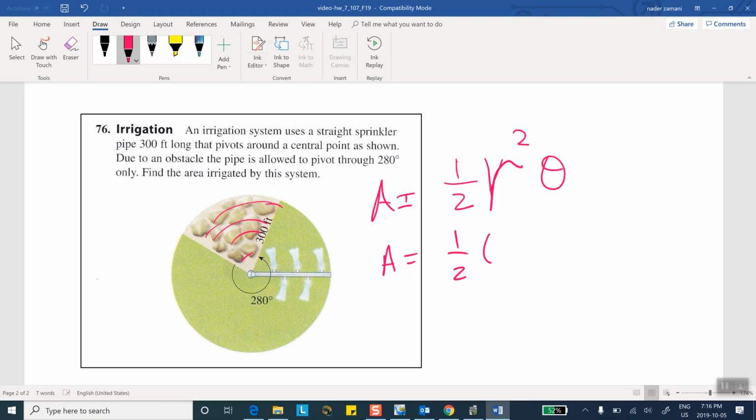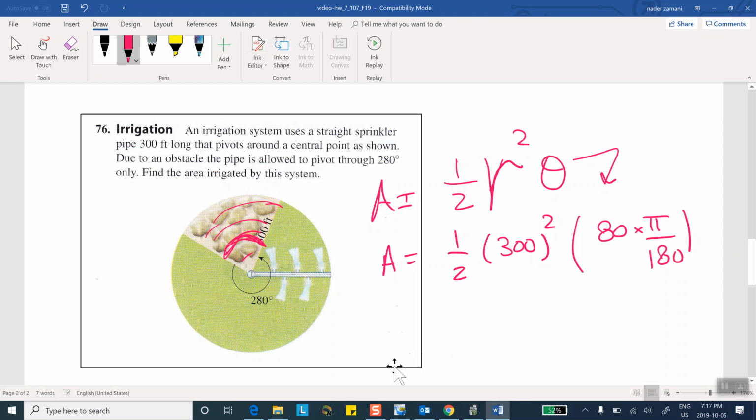Radius is 300 feet squared. The angle is actually 80 degrees, right? This angle is 80 degrees because they have to add up to 360. But remember, this must be in radians. You cannot put 80 here. So it's going to be 80 times pi divided by 180.